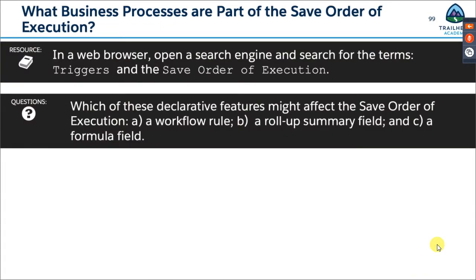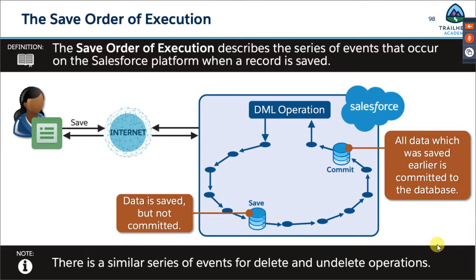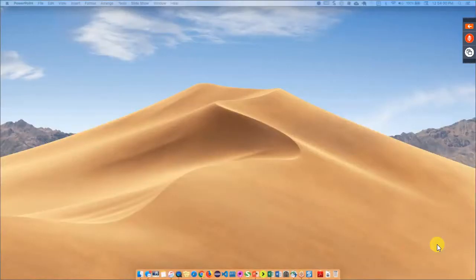Now, which business processes are part of the order of execution? There is a document. Let me find that document.